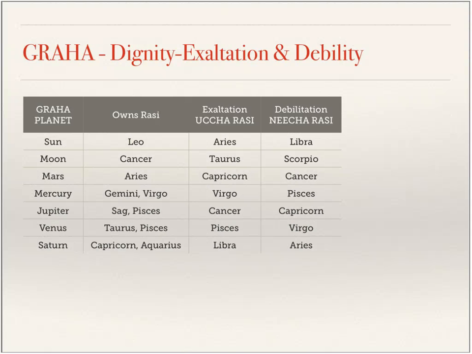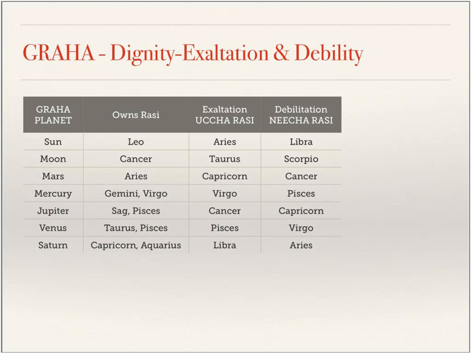Okay, so now here we get into the dignity of a graha, right? So every planet has its own sign, its own Rashi, but it's also exalted. It reaches its highest property, its highest qualities in a sign other than its own, and that sign is referred to as a Ucha Rashi.